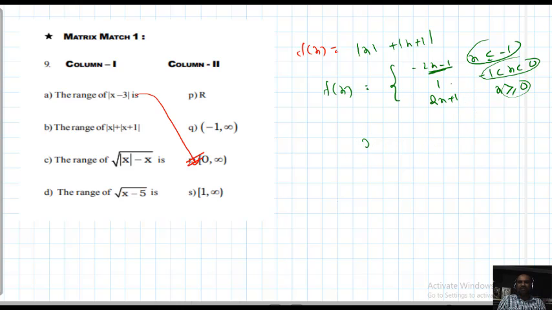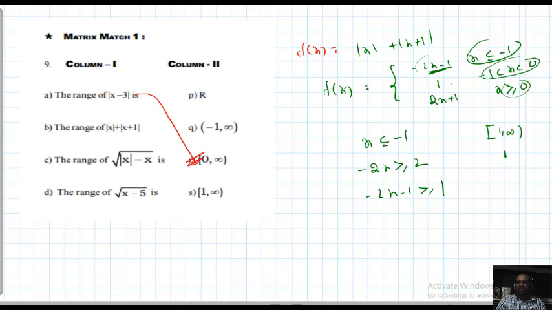First of all, x lesser than or equal to minus 1. Then what happened to this? Multiplying by minus, the inequality will alter. Minus 2x greater than or equal to 2. You need to subtract 1. Minus 2x minus 1 greater than or equal to 1. What is the meaning of that? This value is closed 1 to infinity. First part is closed 1 to infinity. That is the range.